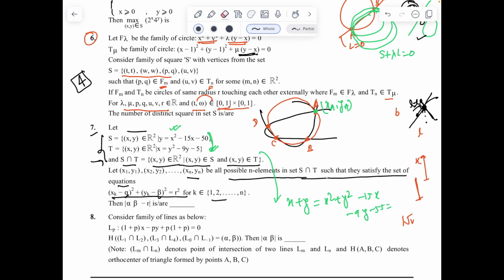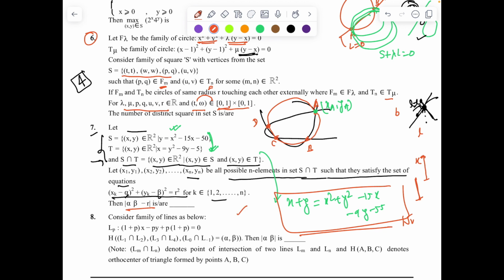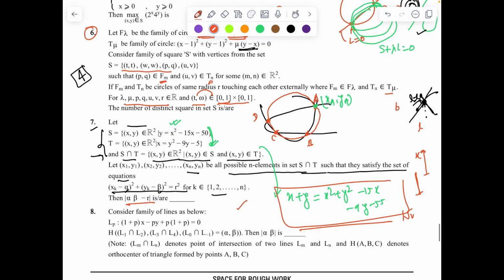And this is nothing but the equation of a circle. So once you know the equation of the circle, you can calculate the value of alpha, beta, minus r. So it was a simple problem, but very nicely stated, and once you can comprehend the question, you'll be able to solve it properly.